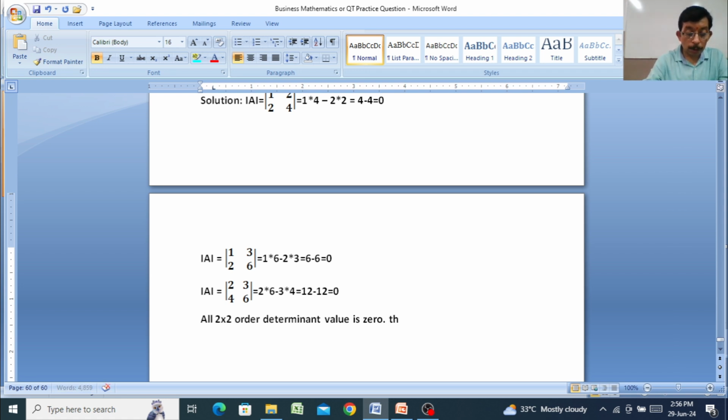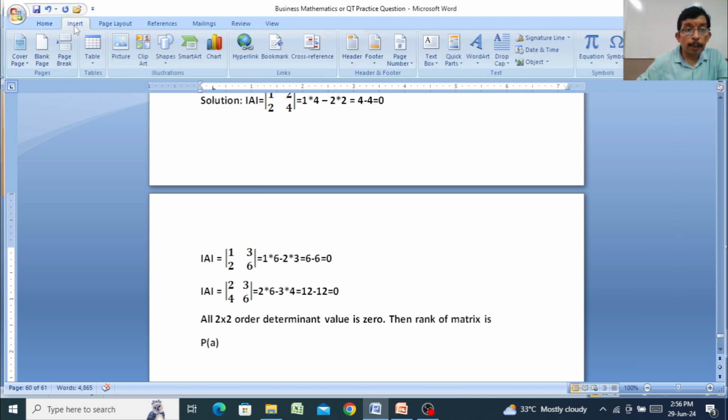Then the rank of the matrix ρA is less than or equal to 1.